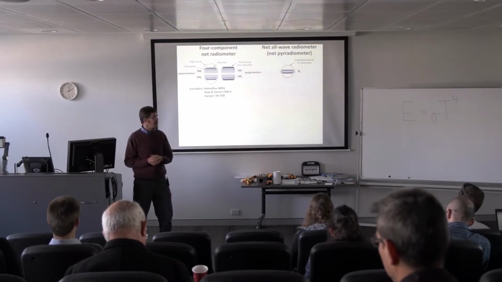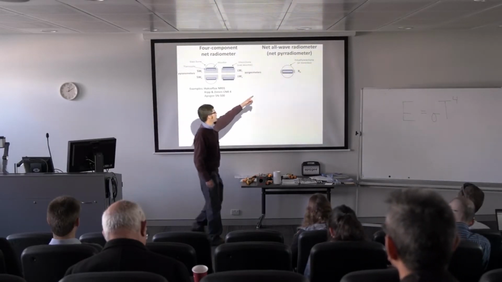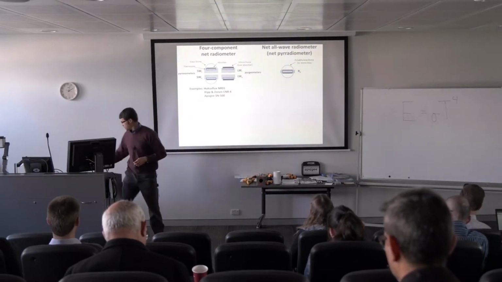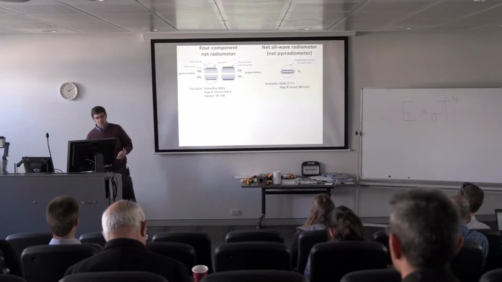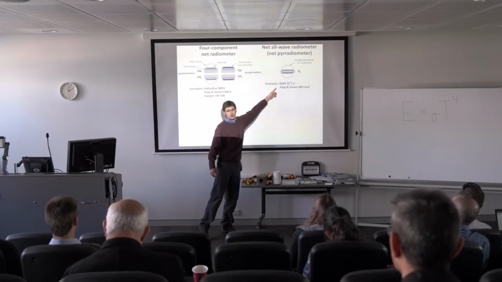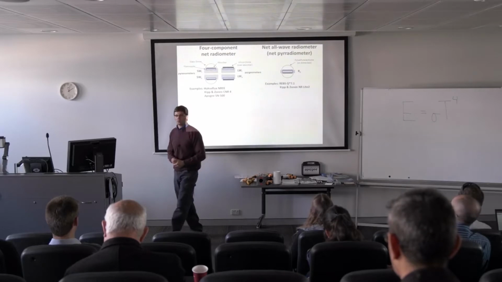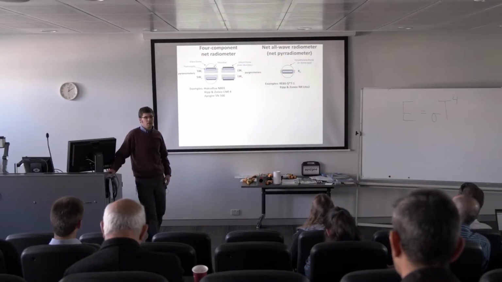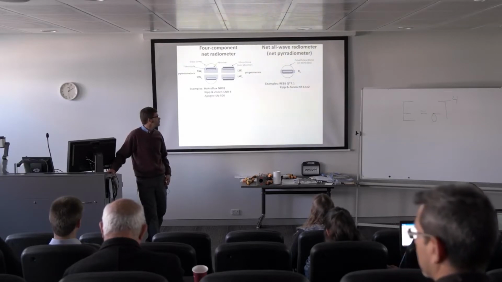Not all of these net all-wave radiometers have polyethylene domes. Probably the most common one, at least historically, is this REBS. REBS stands for Radiation and Energy Balance Systems, model Q*7.1.